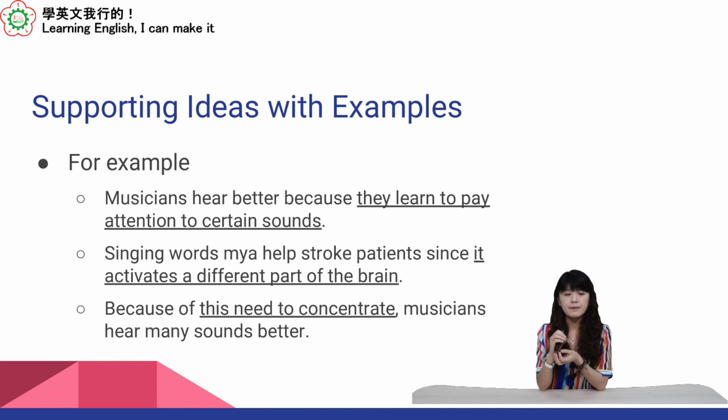The third one, because of this, needs to concentrate. Musicians hear many songs better. So because of, after that, you ask the reason they need to concentrate. Okay, and then the effect is musicians hear many songs better. So here you can see in these 3 sentences, the writer does put reasons to explain why the action or the effect happened.